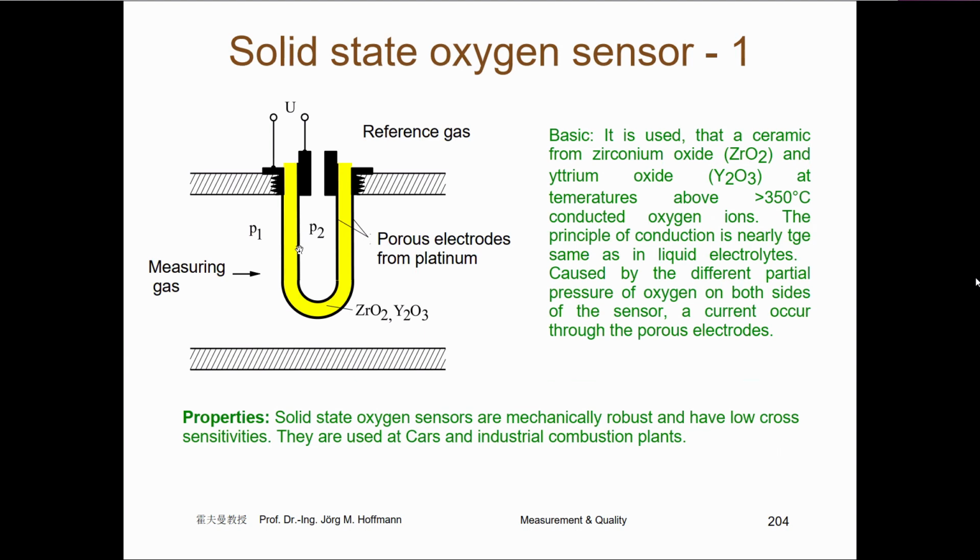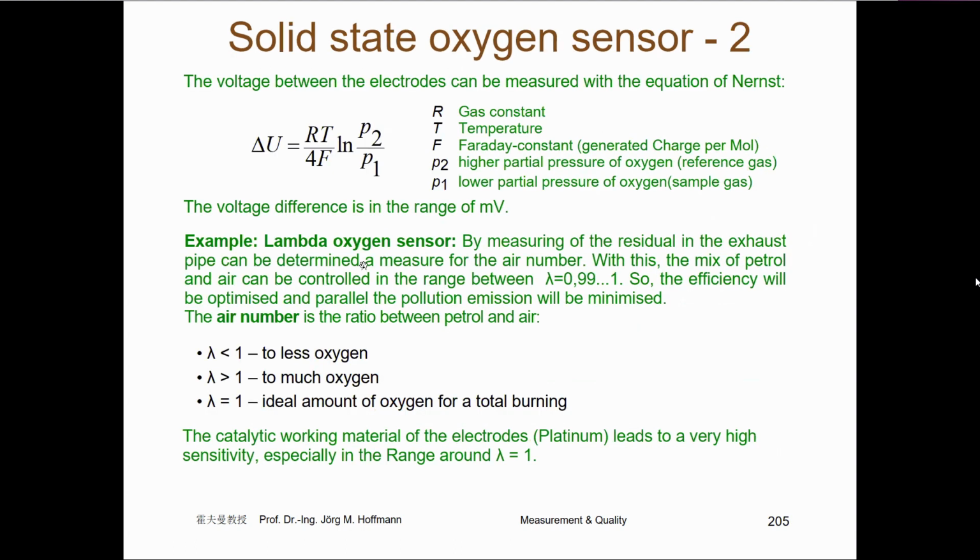It contains a lot of platinum, and it's a grid so that the oxygen molecules can go through, but when you have a stream of oxygen molecules, you produce a voltage from the inner side to the outer side. And you can calculate the voltage, and you can calculate the lambda.